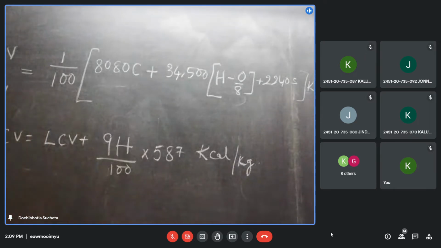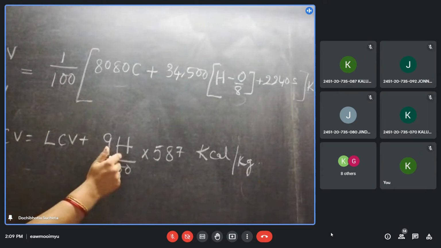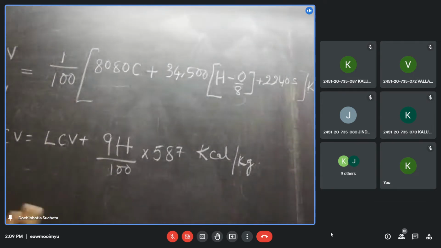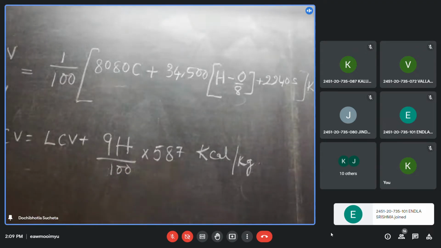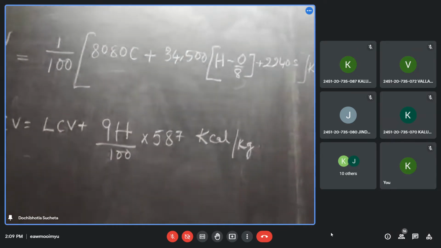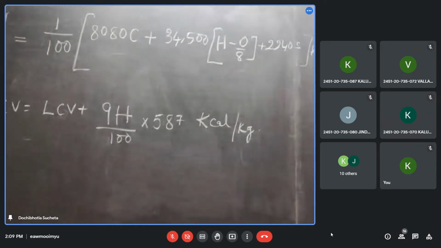Again here capital H is the total amount of hydrogen. 9 indicates how much moisture is formed per unit mass of hydrogen, divided by 100. 587 is the latent heat of condensation of steam. Okay, that is the discussion.